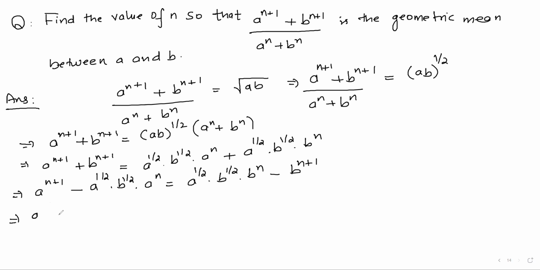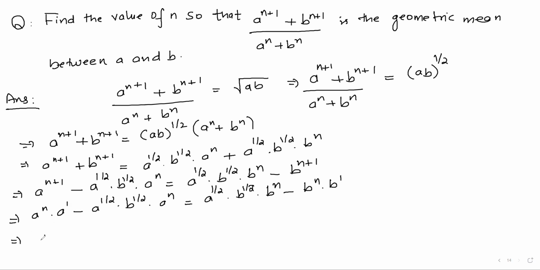A to the power n into a minus a to the power half, b to the power half is equal to b to the power n into a to the power half, b to the power half minus b.